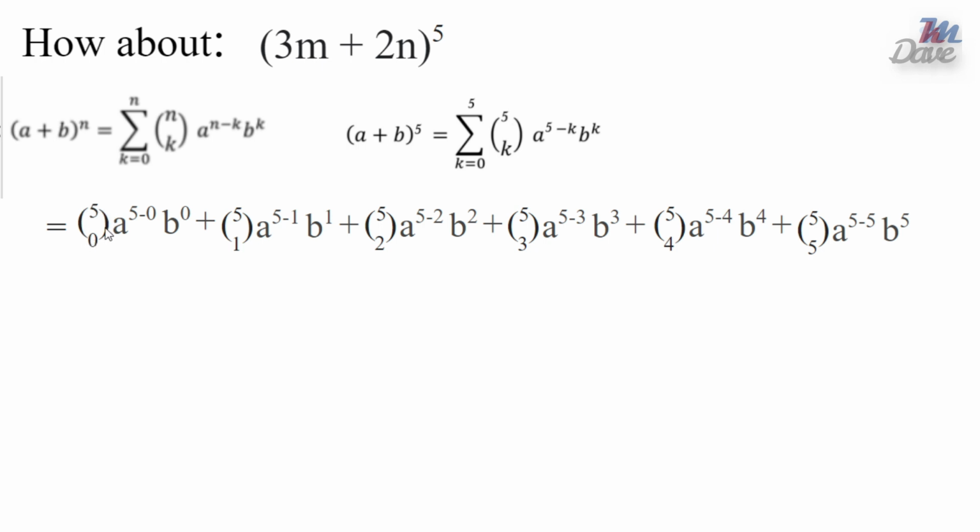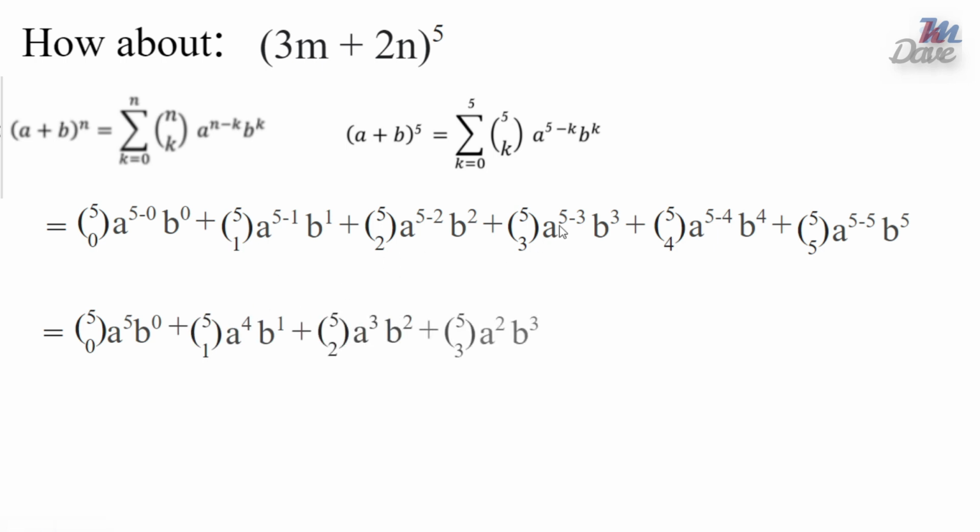Then after that, check the exponent if there is something that needs to be subtracted. And we subtract it like 5 minus 0 equals 5, 5 minus 1 equals 4, 5 minus 2 equals 3, 5 minus 3 equals 2, 5 minus 4 equals 1, and 5 minus 5 equals 0. And the other exponent is just copied.